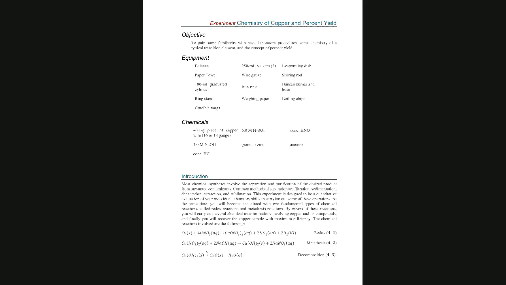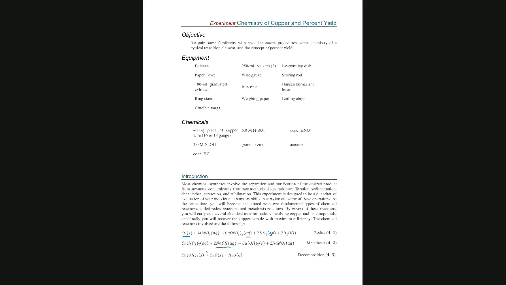We said that this is wrong. We said that aqueous here should be a gas, right? So basically, we start with solid copper and we end up with copper in solution, and it's a blue solution. And then for the second reaction, you add a base, you add sodium hydroxide, everything in a beaker.